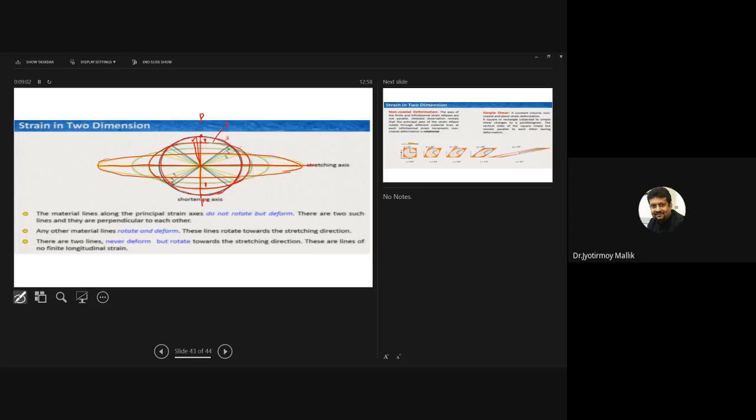There are two such lines and they are perpendicular to each other, the major axis and the minor axis. Any other material line rotates and deforms. This line rotates in the stretching direction. These lines have no finite longitudinal strain.